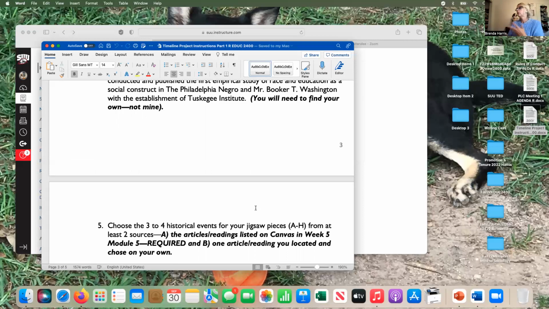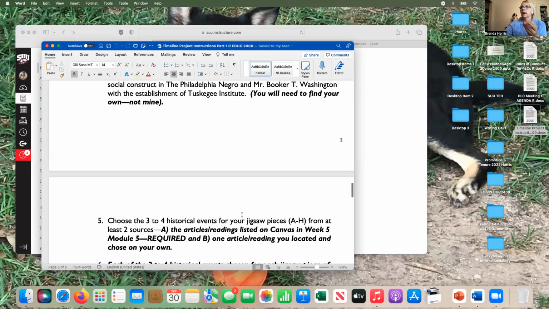Okay, so if it's the history of women, it might be something along the lines of: women were only taught to sing, paint, dance, and keep house. So that was the quality of education for them. That might be one thing, what the curriculum was. And then find 2 to 3 other things for that.